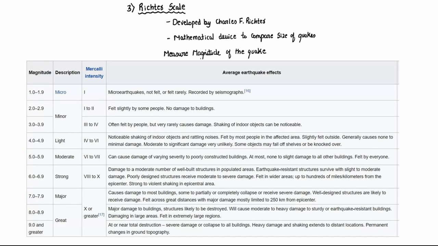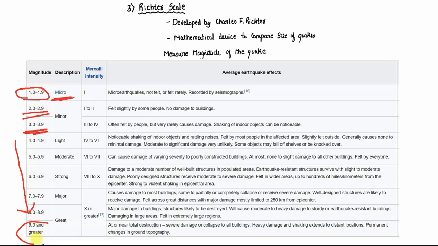If the magnitude is from 1 to 1.9, it is called a micro earthquake, and in a micro earthquake, it is not felt that much. From 2 to 2.9, it is felt slightly by some people, and 3 to 3.9 is often felt by people. And as it increases, the impact is higher.